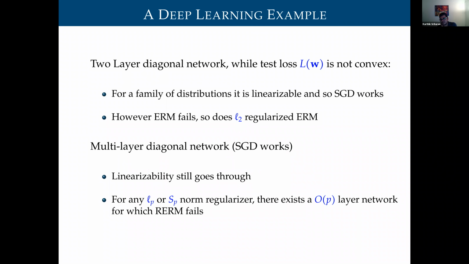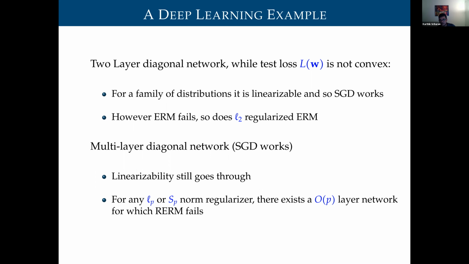But for these cases, what we can show is that for any LP regularizer that you pick, or Schatten P, because it's a diagonal network, essentially for any LP regularizer, there is an order P-layer network for which LP regularized ERM does not work.